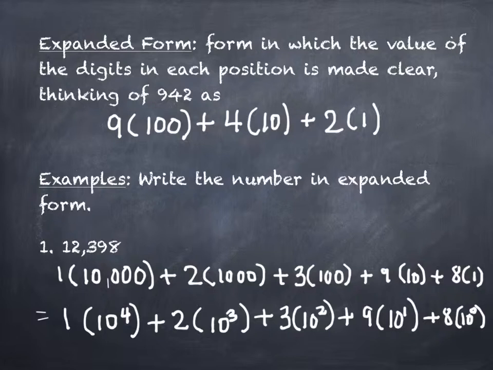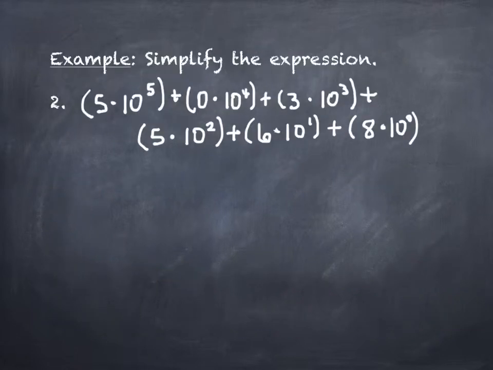Fine. All right, so the other thing we're asked to do, of course, is to go the other direction. Am I good to switch slides? Did everybody get that written down from before? Okay. So if you have the values 5 times 10 to the 5th plus 0 times 10 to the 4th plus 3 times 10 to the 3rd and so on, if you have this one written down, what number is this? 503,568.